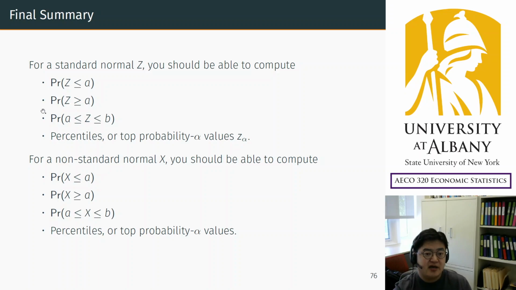These four types of exercises we did for the standard normal distribution, and we use those procedures to calculate the same quantities for a non-standard normal distribution. The only difference is that the standardization process is added. So the first step is always standardization, and then utilize standard normal distribution information to calculate these objects.